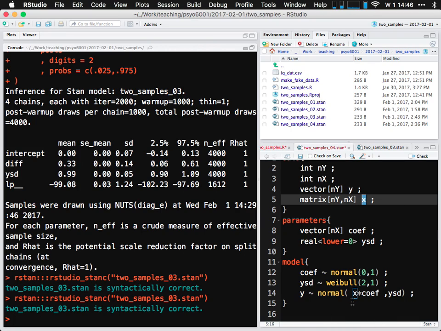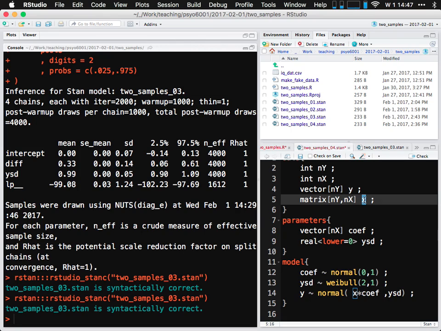It's the intercept plus whatever else comes, so every value gets the intercept added. The first entry in coef is the intercept, and the second entry in coef corresponds to the second column in X, whatever predictor we put there. So we will put there the group difference.